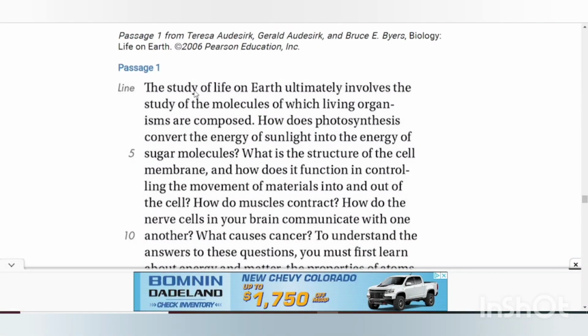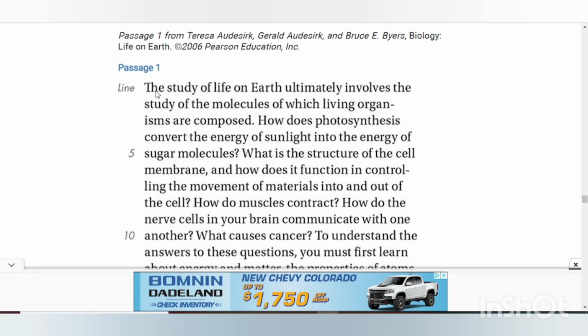So, for example, the study of life on Earth ultimately involves the study of the molecules of which living organisms are composed. How does photosynthesis convert the energy of sunlight into the energy of sugar molecules? What is the structure of the cell membrane and how does it function in controlling the movement of materials in and out of the cell?